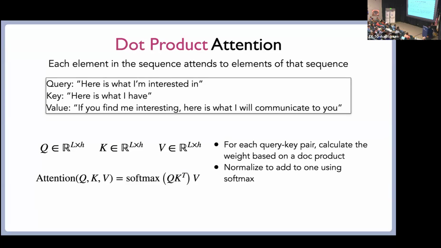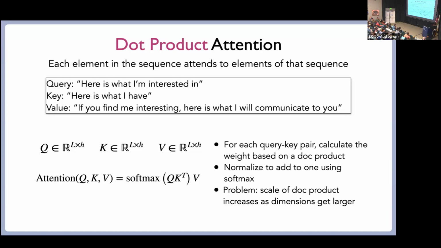Once you compute this dot product, you normalize it so that it becomes a value between 0 and 1, and sums to 1. So it can be a proper weight, and then you can do a weighted average using V, the value. You can think of it as a weighted average where weights are computed based on the similarity score between a query and key.